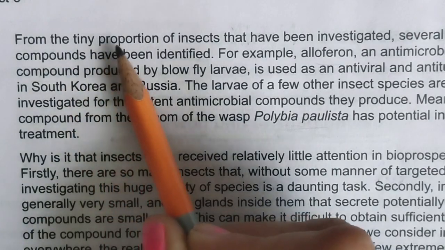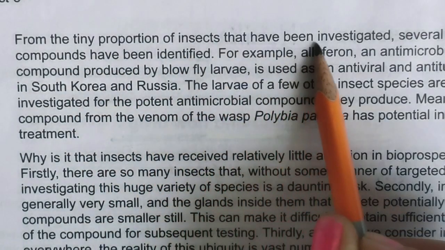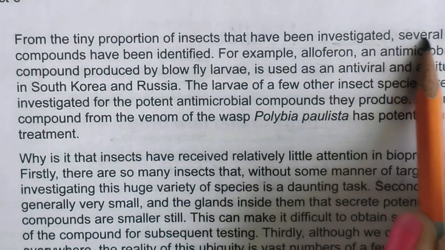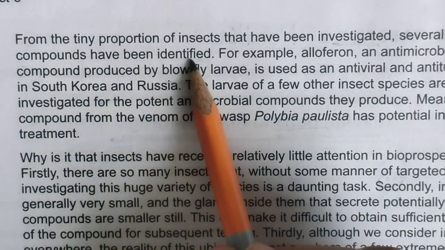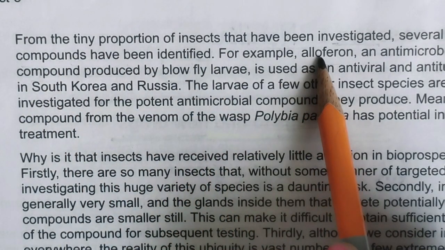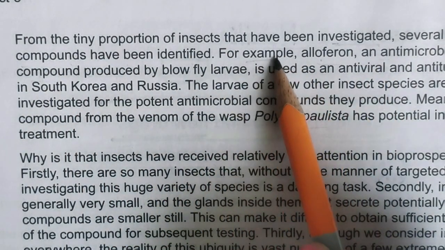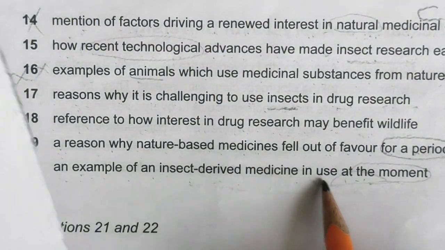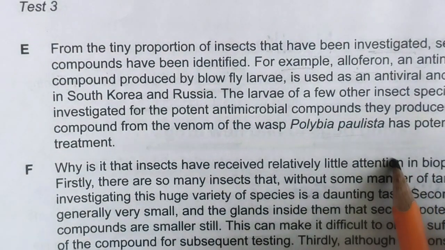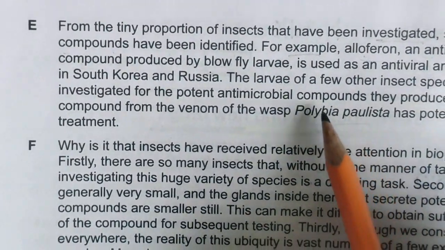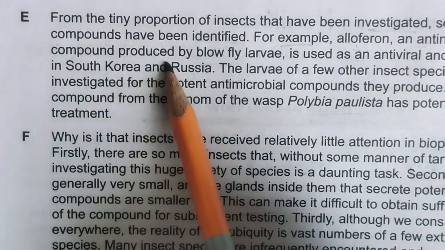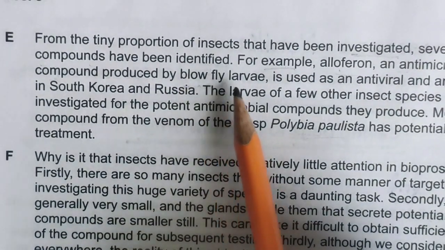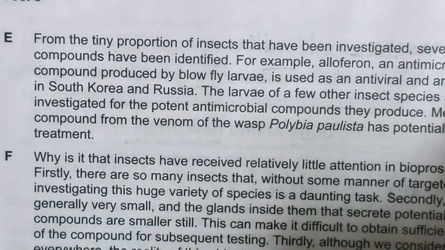From the tiny proportion of insects that have been investigated, several promising compounds have been identified. For example, an example of an insect-derived medicine in use at the moment: a compound produced by blowfly larvae is used as an antiviral agent.